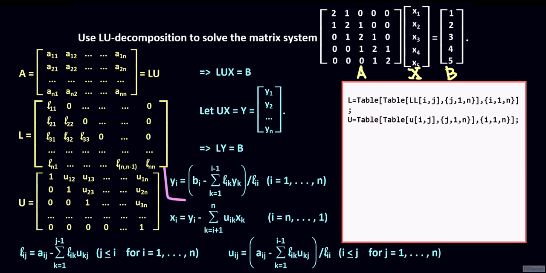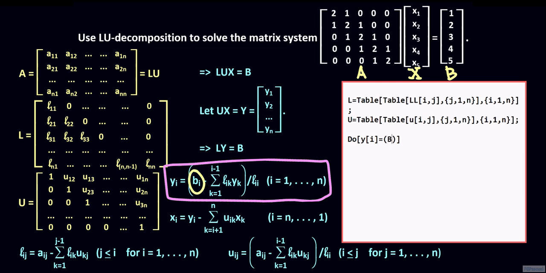To solve for the vector y, we use another do loop. We have y sub i. Then we have to extract the entries of b, so we use double brackets. We have row i and only one column since b is a column vector. From b sub i, we subtract this sum, the sum of double L sub ik times y sub k.